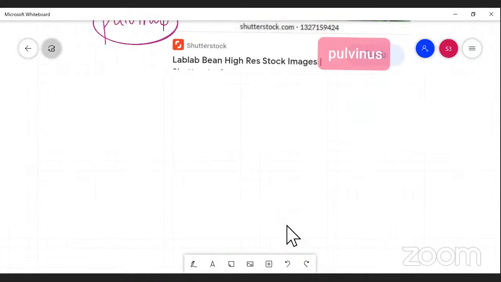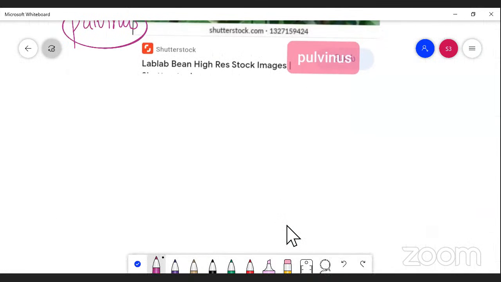My dear students, what are the general characteristics of leaf?